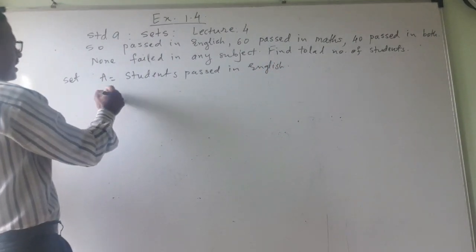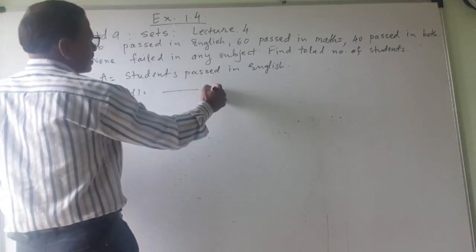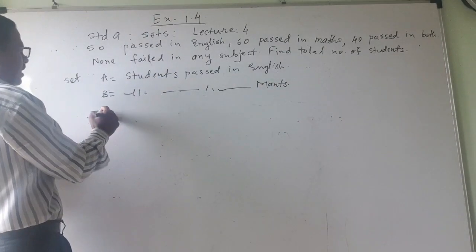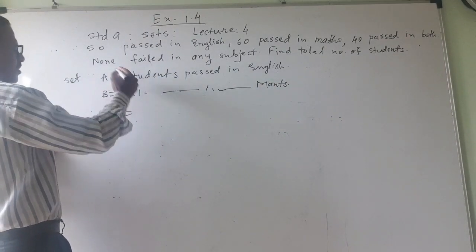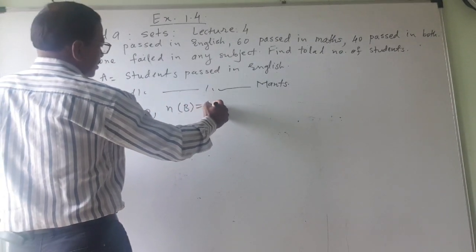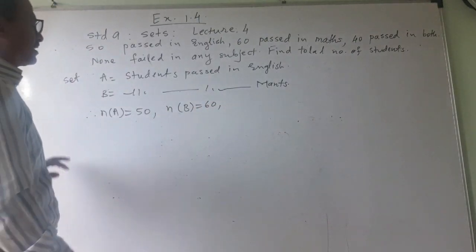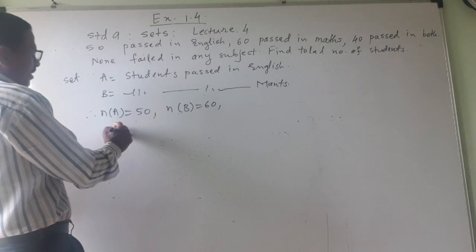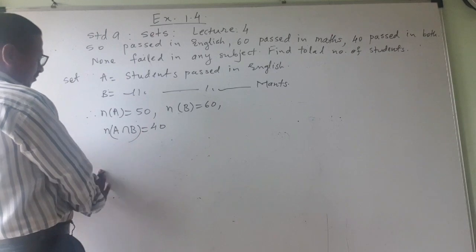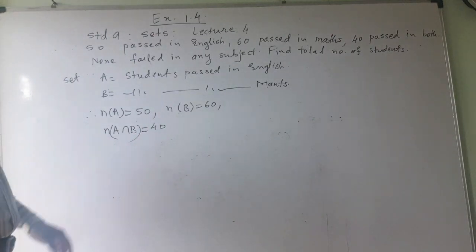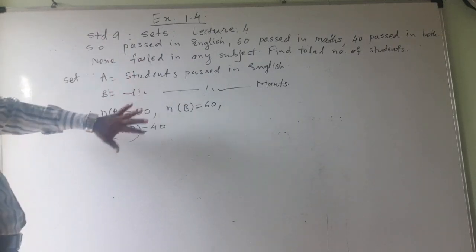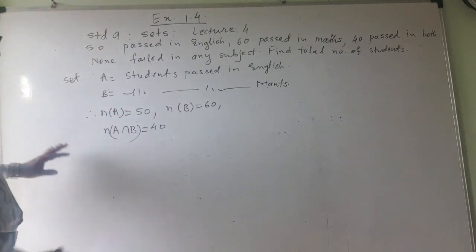Then B we will call as B, students passed in maths. Therefore, N of A is 50. N of B is 60. And in both the subjects means A intersection B. N of A intersection B means the common is equal to 40. They have passed this also and this also. Nobody has failed. That means all the students have passed either in this or in that.